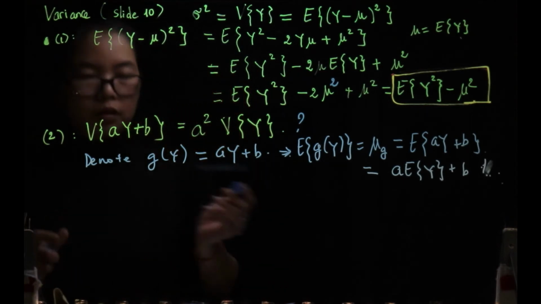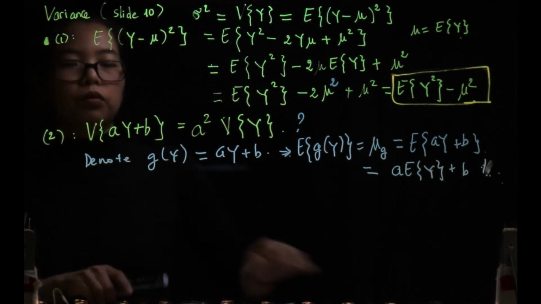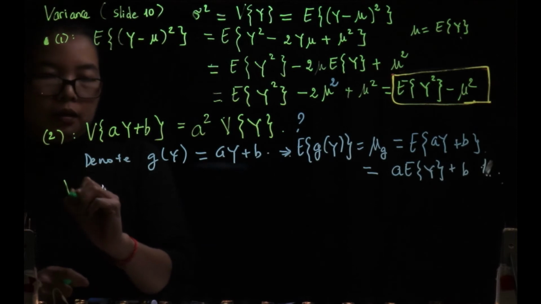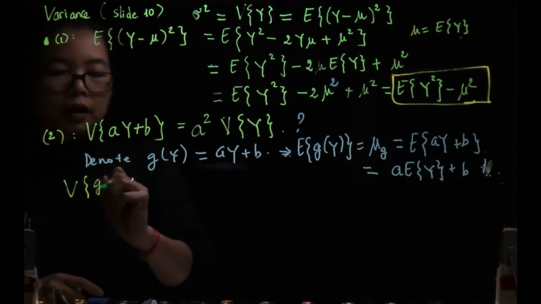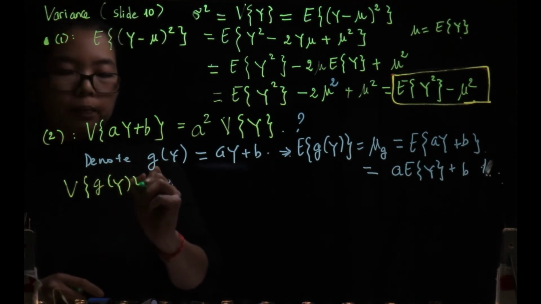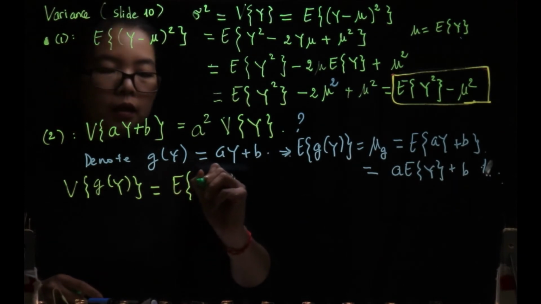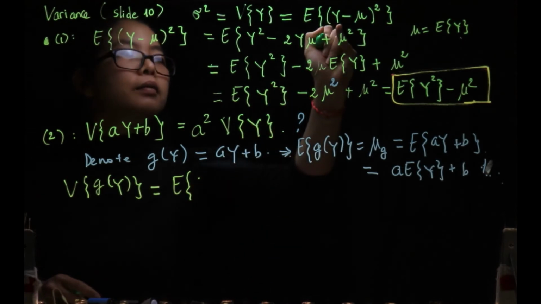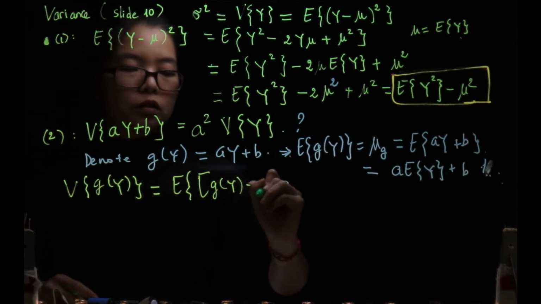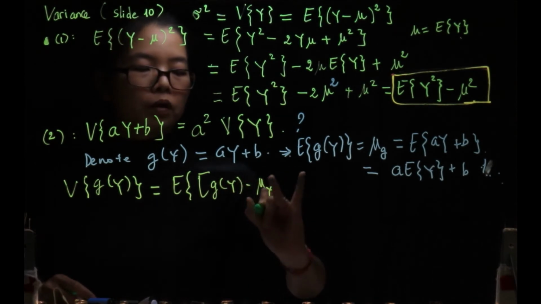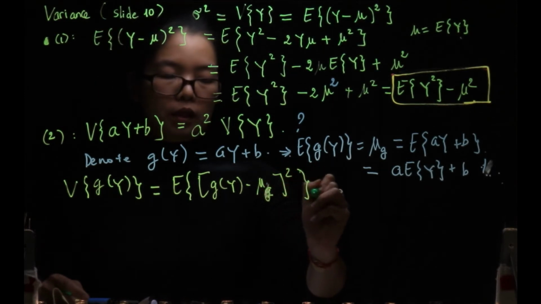Now, by the definition of the variance, we have also V of g of y, right, equals the expectation of g of y minus mu g, sorry, mu g, not mu y, square, right?